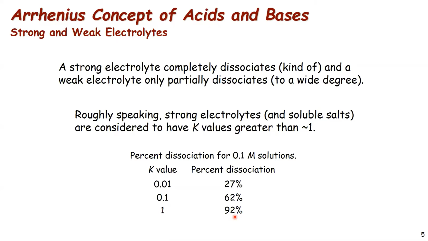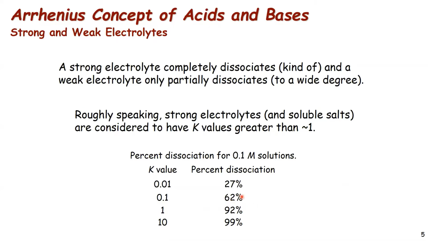And then that remaining 8% just remains as a solid chunk at the bottom of your beaker. And once you get to 10, we're already up to 99%. So you can see why, when we say approximately 1, basically nearly all of the ionic compounds have dissociated into their individual ions.